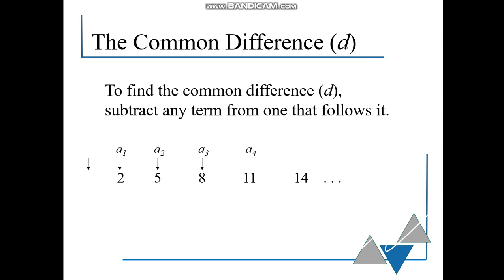A sub 4, A sub 5. And to find the common difference, I'm going to take A2 minus A1, and I get 3. Or I could take A3 minus A2, also 3. A4 minus A3, 3. A5 minus A4 is 3.